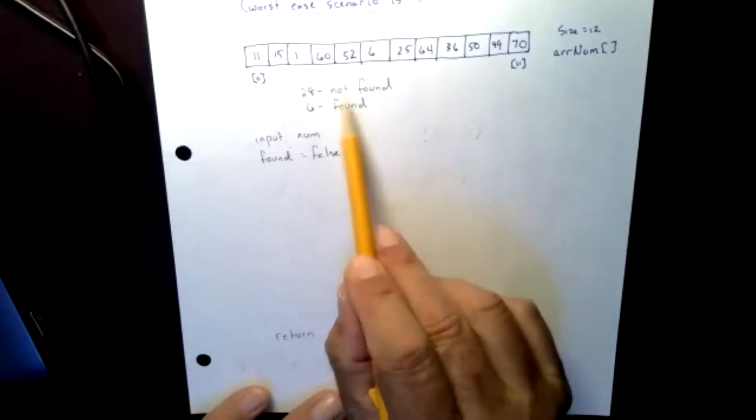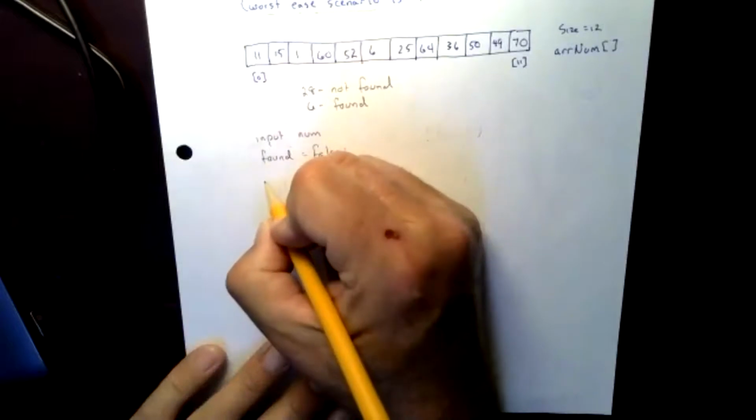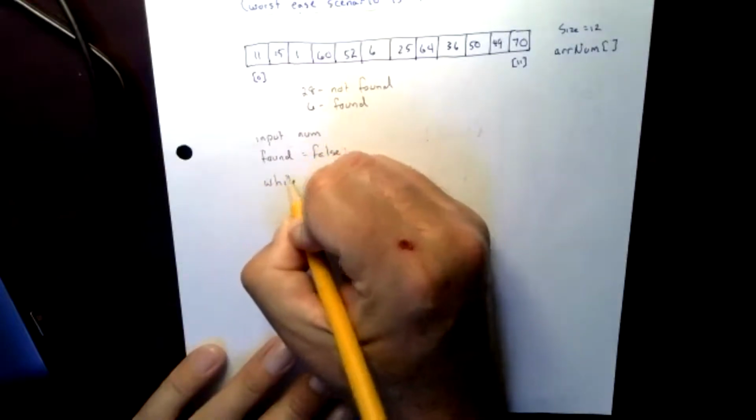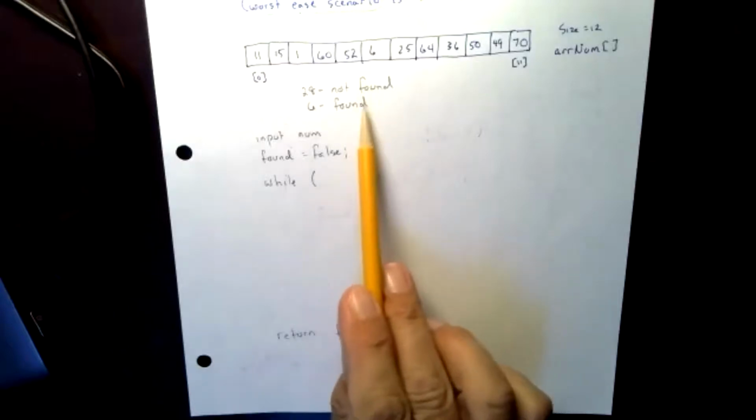Okay. So now I need to get in here and I'm going to have to loop around until it's either found or not found. Sounds like a loop. While, parentheses. How many conditions do I have? 2. Tell me what to write. Exclamation found.